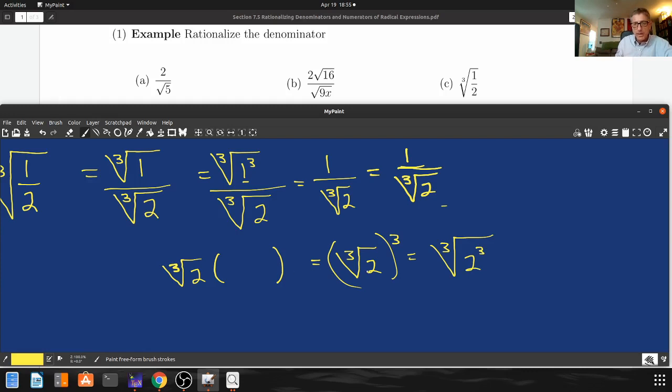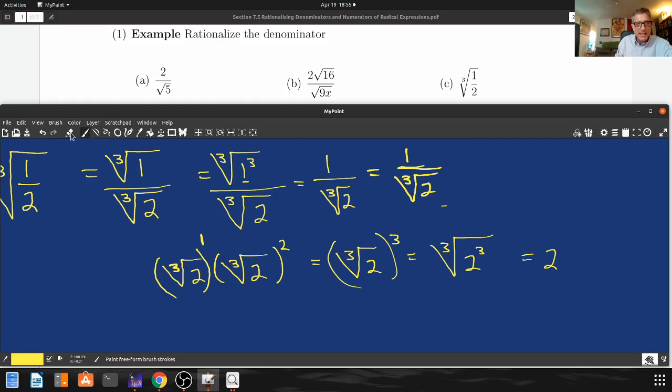So what do I need to do? This right here gives me 1 power, but I need a total of 3 powers. So I have to multiply it by the cube root of 2 squared. So the cube root of 2 times the cube root of 2 squared is the cube root of 2 cubed, which is 2.